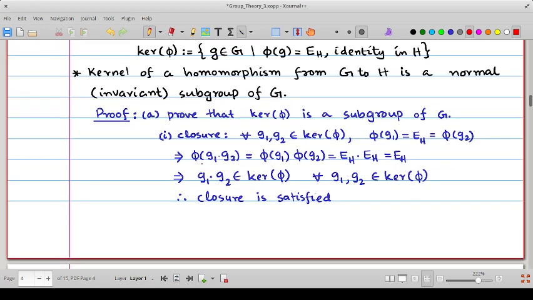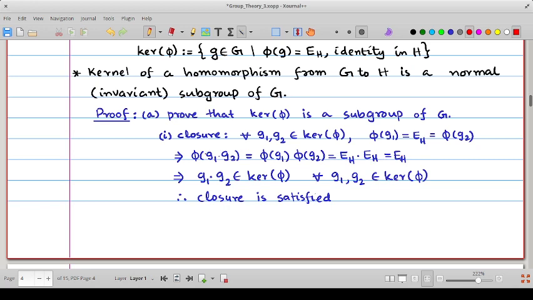Then consider the mapping of G1 times G2 by phi. So phi of G1 times G2, because phi is a homomorphism, is equal to phi G1 times phi G2. But since G1 and G2 are elements of kernel of phi, phi G1 is EH, and similarly phi G2 is EH. So this is equal to EH times EH, which is nothing but EH.